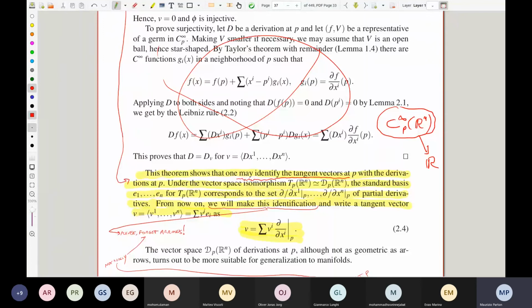Which is very natural because they are tangent vectors, and we started by taking the derivative along that direction. Remember when I told you that for manifolds, we don't have a preferred basis. So for manifolds, we can't define a tangent vector as choosing a basis and taking these numbers. But if we are able to define smooth maps on a manifold, then after that we can define tangent vectors in this abstract way.